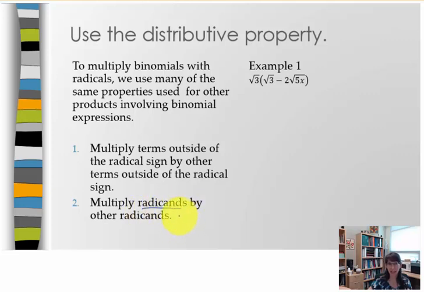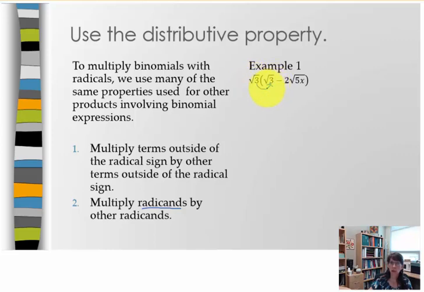We'll multiply radicands by each other. So how that works, for example, number 1, you'll see that the square root of 3 is a term under a radical. Since 3 is the term under the radical, 3 will then be multiplied by this other 3 that also is under the radical.